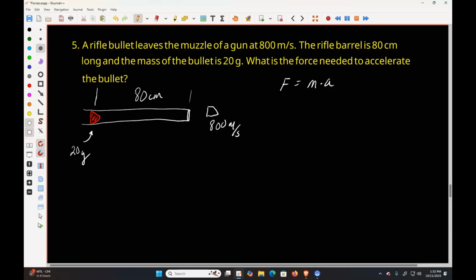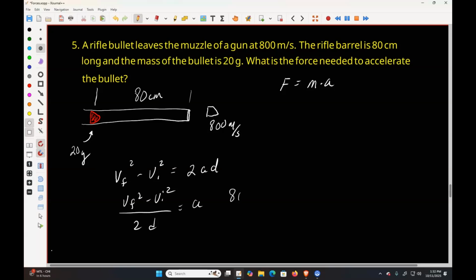So let's go back. We learned that the final velocity squared minus the initial velocity squared is equal to 2 times a times d. So the final velocity squared minus the initial velocity squared divided by 2 times the distance will equal the acceleration.